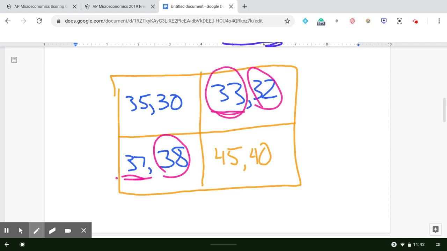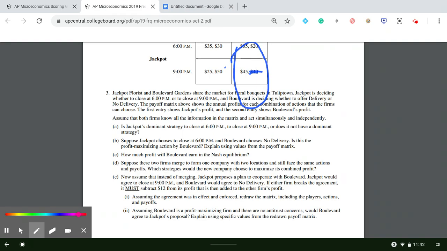Okay. So, yeah, I think this is a pretty good deal because 40 is greater than 32 and 40 is greater than 38. So there's no real reason for them to deviate from the plan. And then also, 45 is greater than 33 for Jackpot. So there's really no reason for them to deviate from the plan either. So it's a pretty good deal.